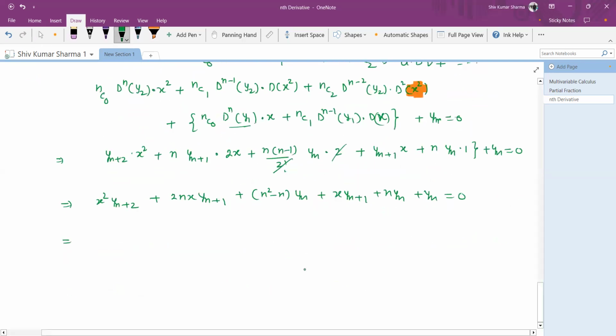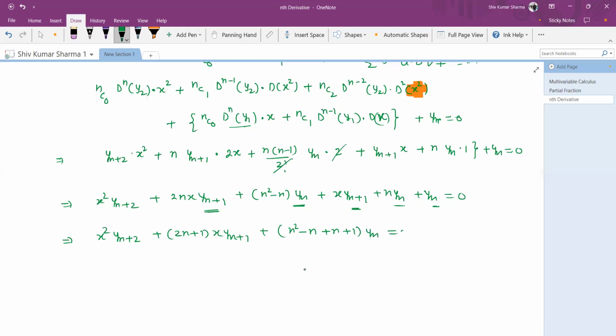Now we write this as x square into yn plus 2 plus, here there is yn plus 1 and yn plus 1, so x yn plus 1 we can take as common, so we write 2n plus 1 into x yn plus 1, plus for this term, yn and yn, we take yn as common, so we write n square minus n plus n plus 1 into yn equal to 0. So the coefficient of this yn is n square minus n, the coefficient of this yn is n, and the coefficient of this yn is 1.